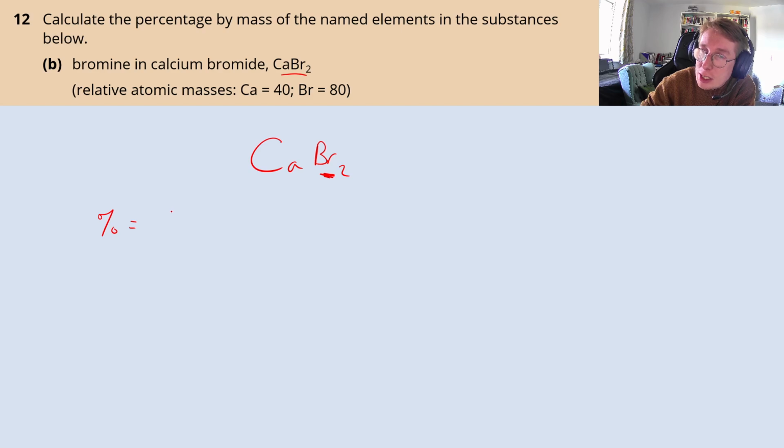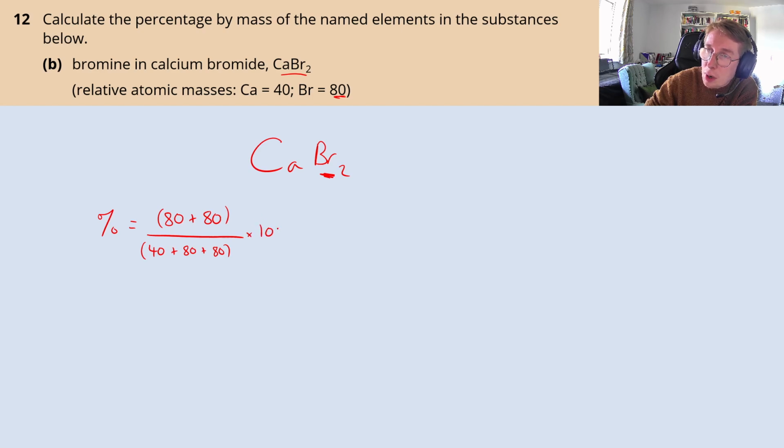So that means we need to do 80 plus 80 because there are two of these atoms. I'm going to divide this by the relative formula mass of calcium bromide.